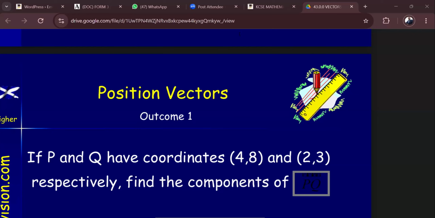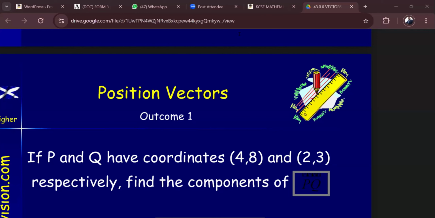Yes, it is -5, -2? That's a good attempt.